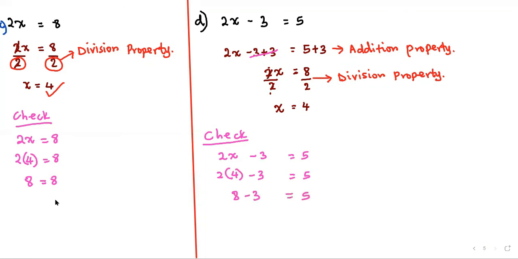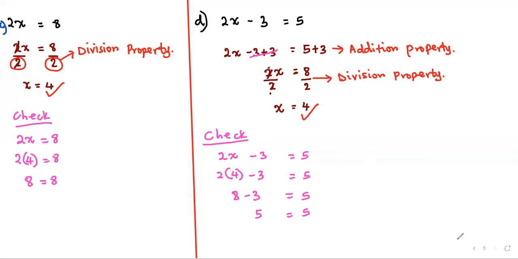So 8 minus 3 is equal to 5 on the left-hand side. And on the right-hand side, we also have 5. So you see that the left-hand side is equal to the right-hand side, which means that our solution is correct. So x equals 4 is the solution to the equation 2x minus 3 equals 5.